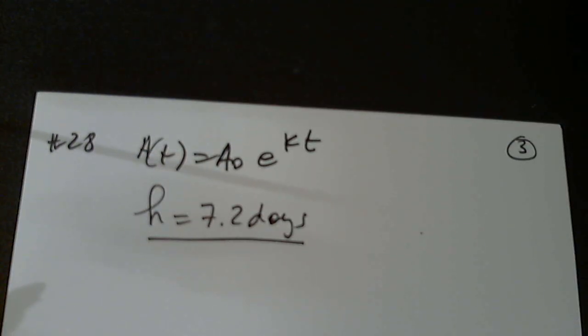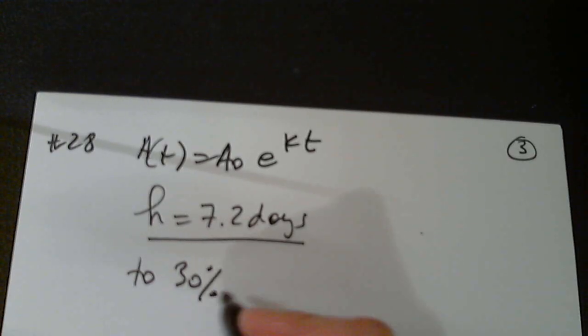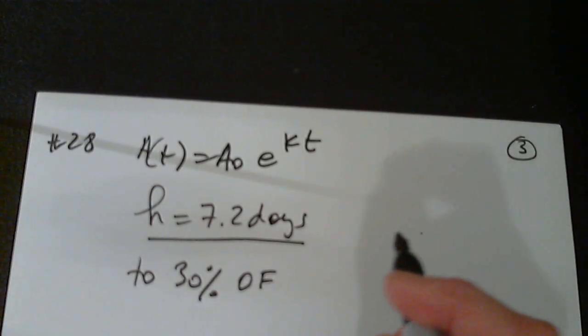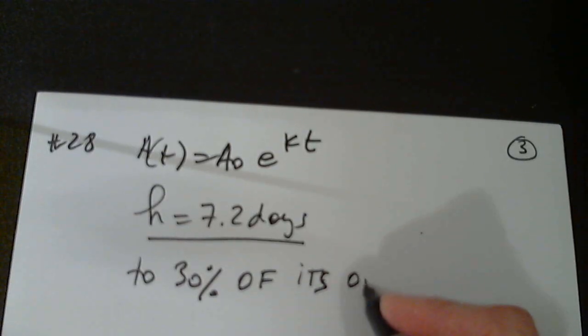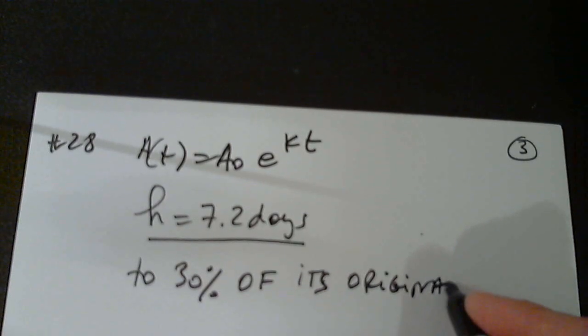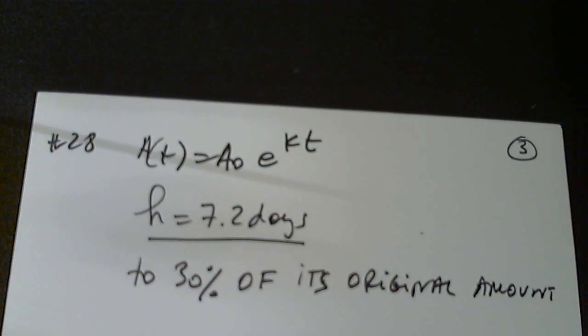Let's read on. How long will it take for a sample of this substance to decay to 30% of its original amount? And then it says round to 1 decimal place. Fine. Okay.